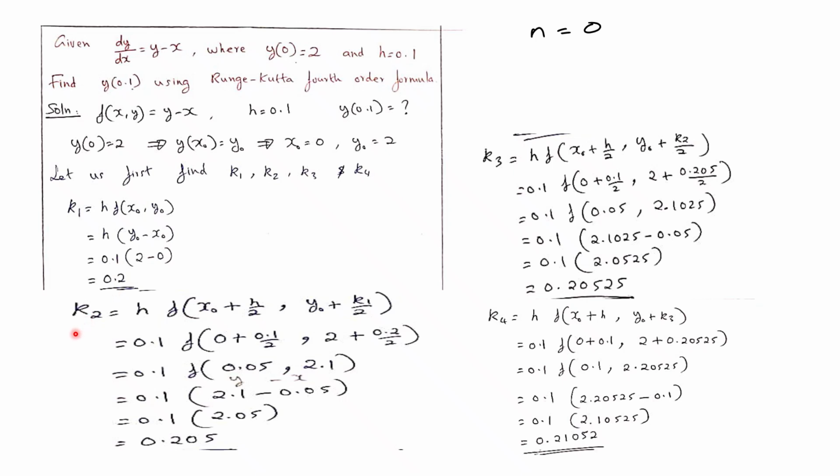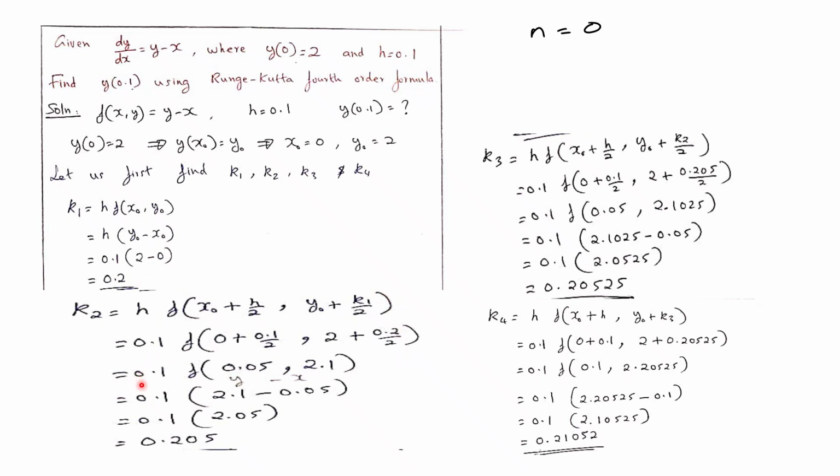Next, k2 is equal to the formula I discussed in the previous slide: h into f(x0 plus h by 2, y0 plus k1 by 2). h is 0.1, so x0 is 0 plus 0.1 divided by 2, comma, 2 plus k1, which we obtained as 0.2, divided by 2.